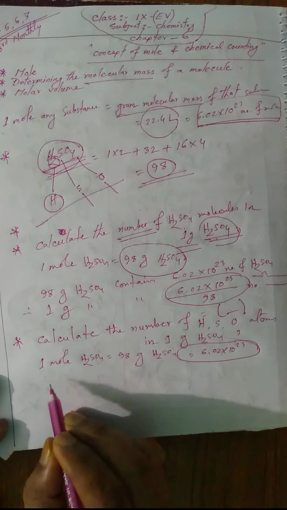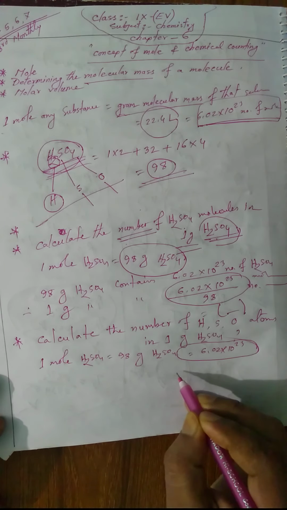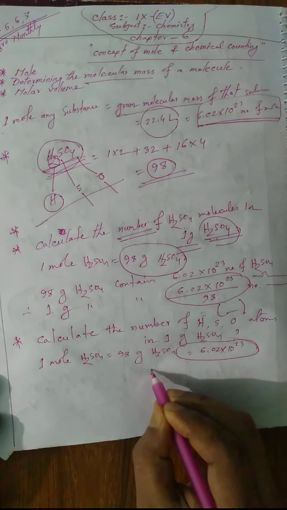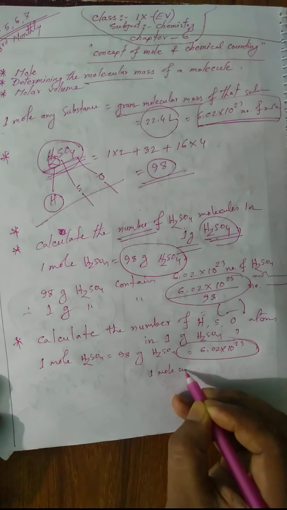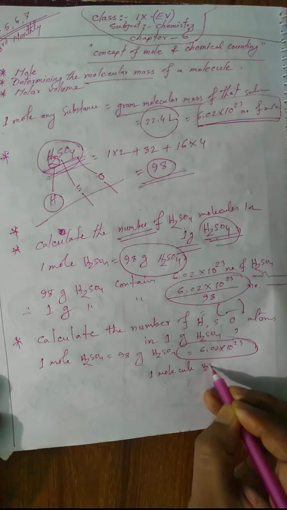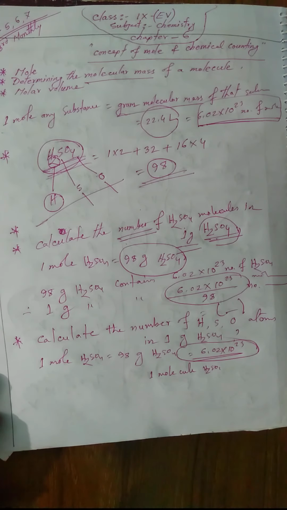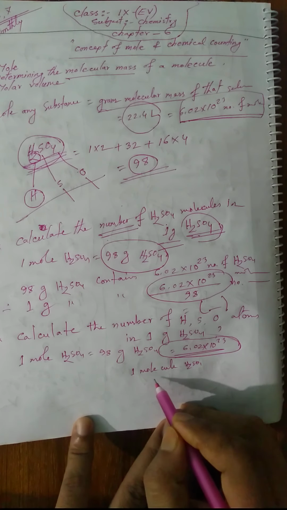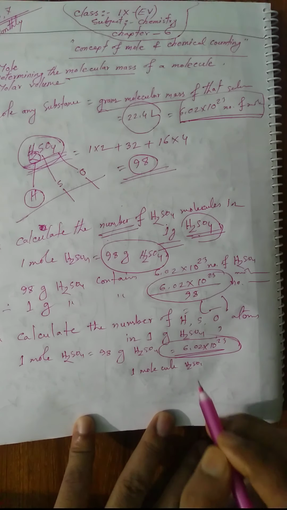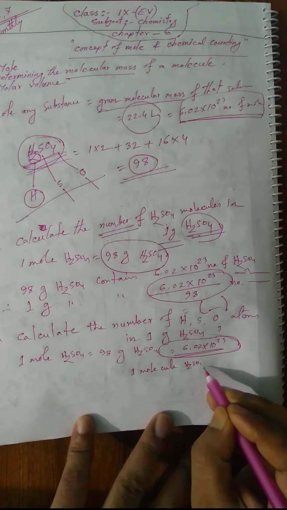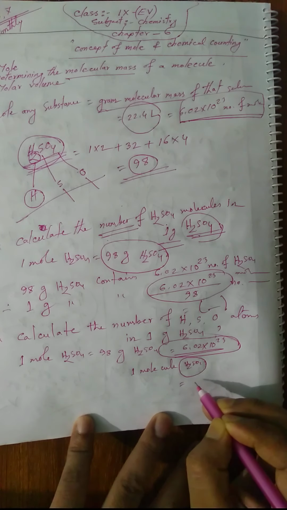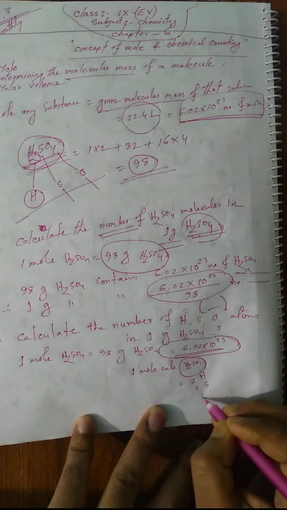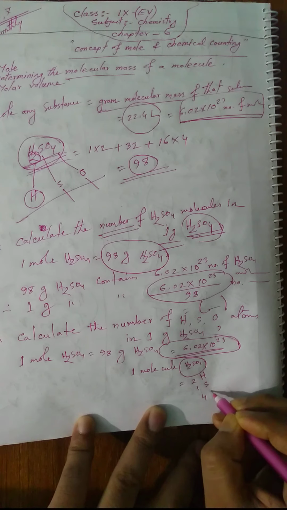So if we consider one molecule of H2SO4 from Avogadro number of H2SO4 molecules, one molecule H2SO4 contains 2 H atoms, 1 sulfur atom and 4 oxygen atoms.